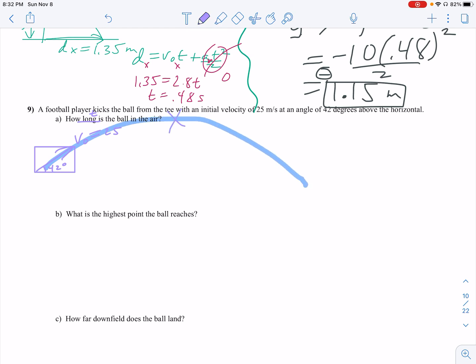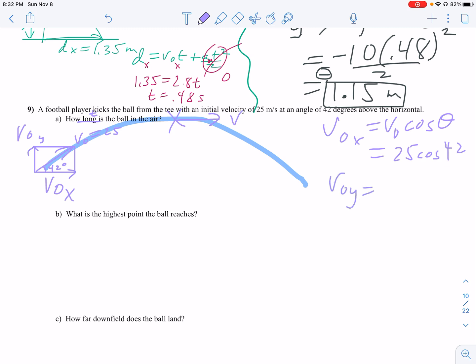So let's do that. It's going to get to the top. Well, first of all, got to find VOX and VOY. So let's do that right here. VOX is equal to VO cosine of theta equals, in this case, 25 cosine of 42.